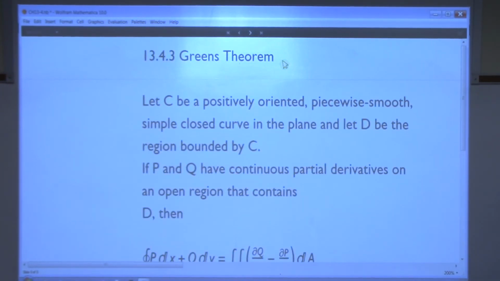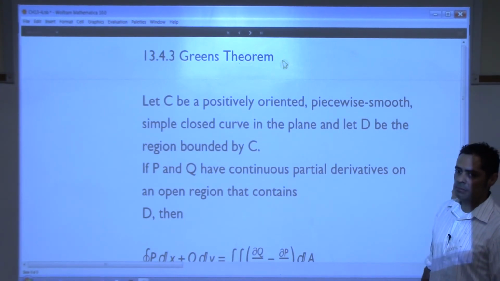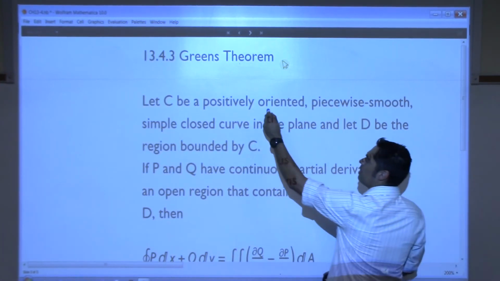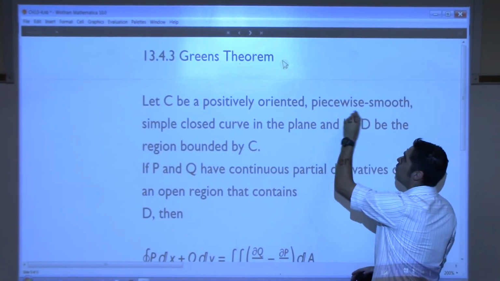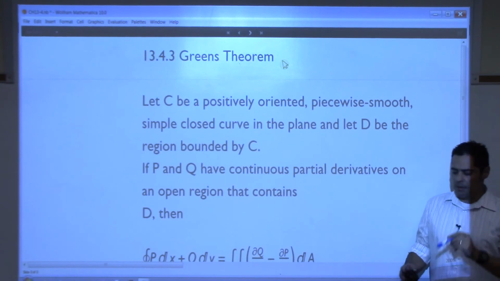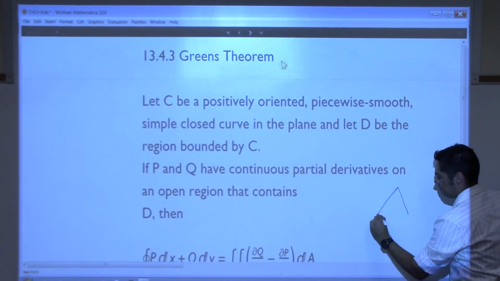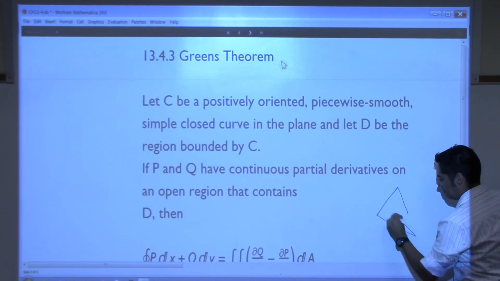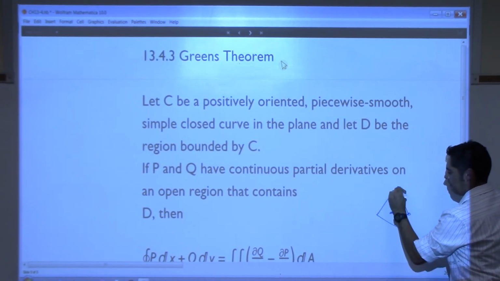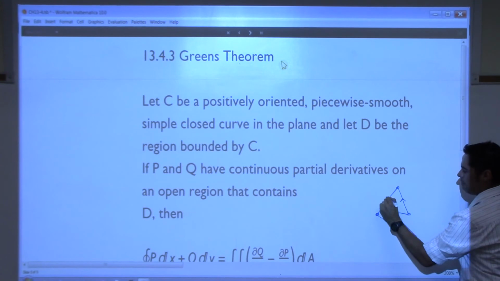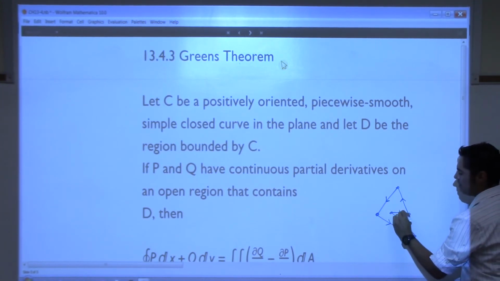So here's Green's theorem. Let C be a positively oriented, piecewise smooth, simple curve. Okay, so positively oriented, counterclockwise. Piecewise smooth means that the curve might look like this, maybe a bunch of line segments together.